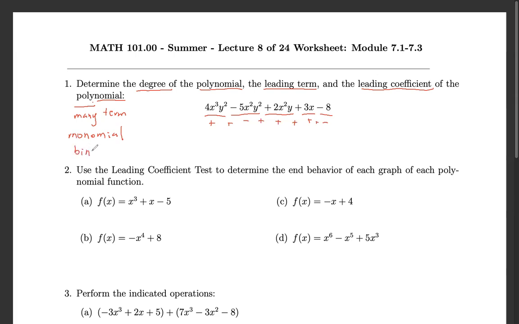Bi means 2. If we only consider these 2, that's a binomial, 2 terms. Then 3 terms is called a trinomial. Tri means 3.